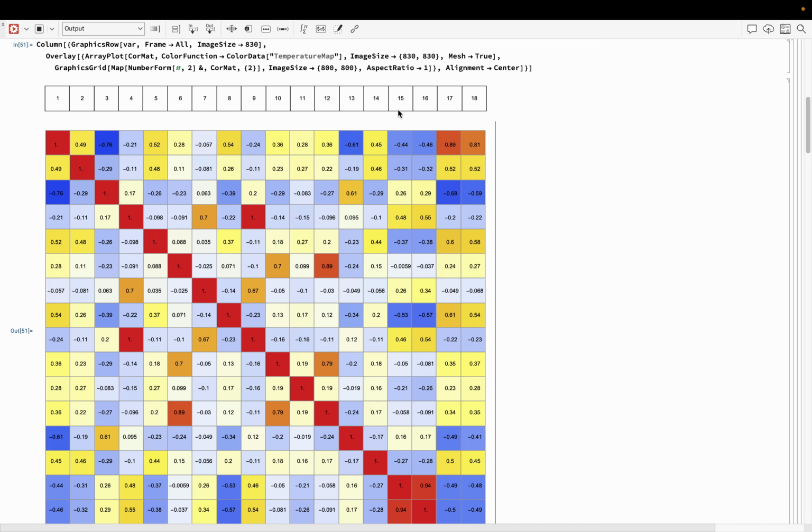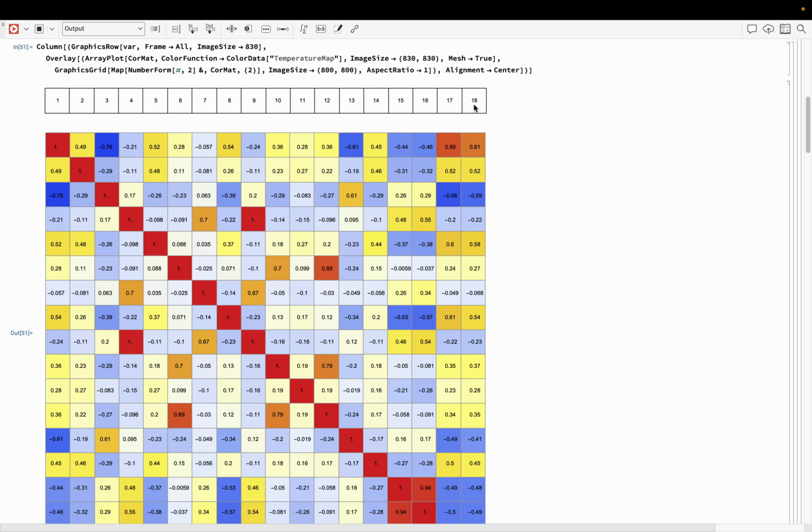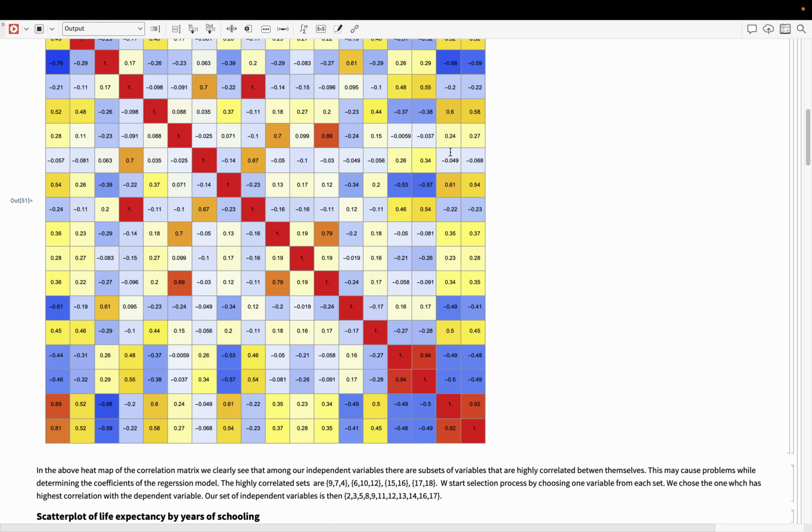Those two variables were both about thinness. The first one about thinness in young people, and 16 about thinness among children. So we choose one of them. And also another subset, 17 and 18, human development index and years of schooling. They are very strongly correlated. Therefore, it is again enough to use one of them.